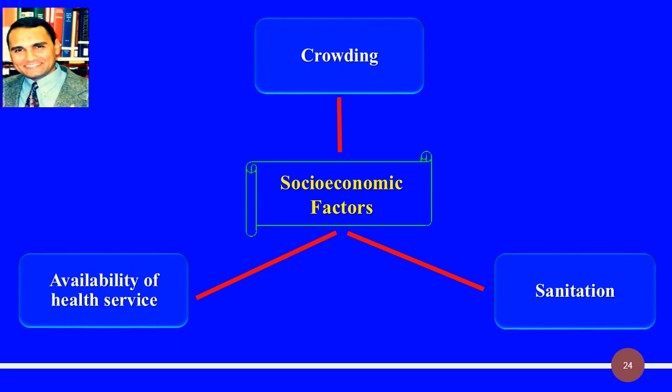Socioeconomic factors include crowding, which leads to some diseases if the animals are crowded in their places, such as tuberculosis, jaundice disease, salmonellosis, and ringworm. Sanitation: unhygienic conditions may lead to the occurrence of different blood parasites, leptospirosis, and listeriosis.